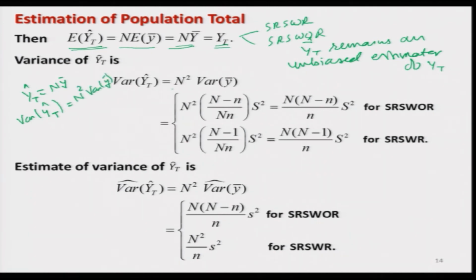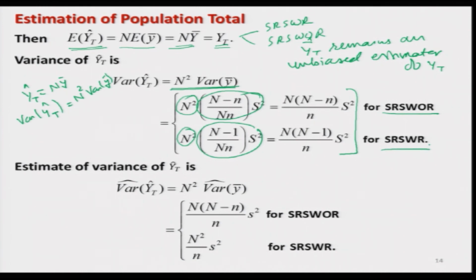We simply have to multiply the variance of y bar under SRSWOR and under SRSWR by the quantity capital N square, and you will get the variances of Y_T hat under SRSWOR as well as under SRSWR.